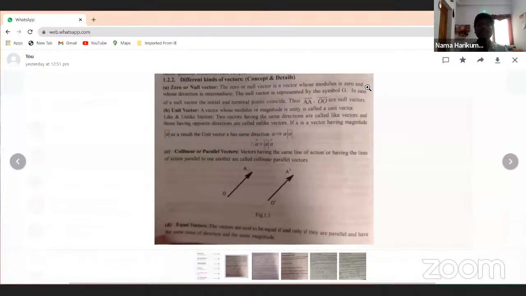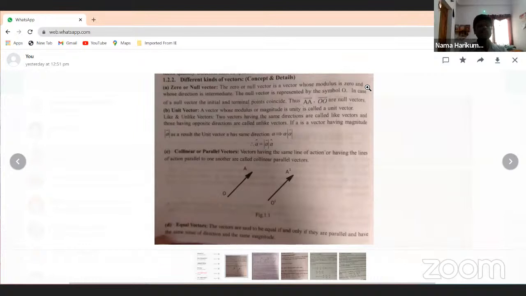For example, in figure 1.1, two vectors, OA and O dash A dash. These two vectors are parallel to each other. Like this, train tracks, you know that.